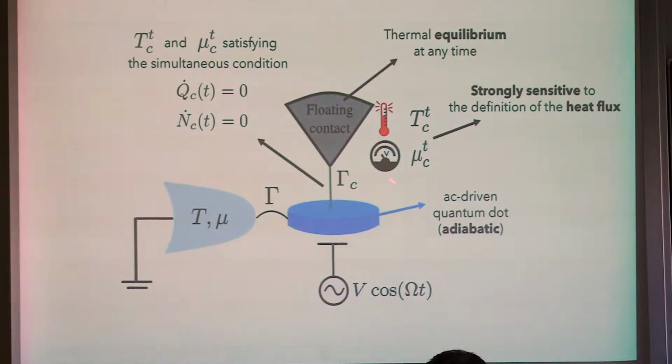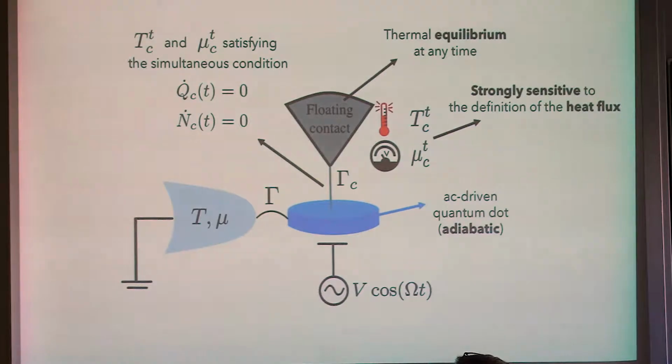And we attach to this single level a floating contact, and it is very important to understand what the floating contact is. It's a small conductor that is assumed to have a relaxation rate for charge, heat and energy much faster than the other characteristic times of the system.